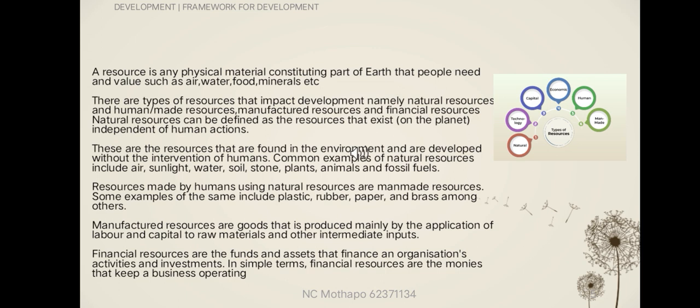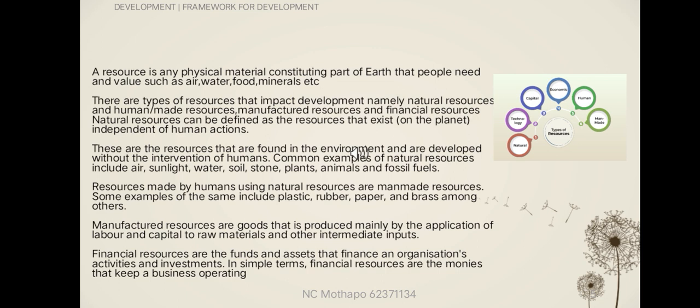From grade 9, we learned that a resource is any physical material constituting part of Earth that people need and value, such as air, water, food, minerals, etc. There are types of resources that impact development, namely natural resources, human or man made resources, manufactured resources, and finally, financial resources.